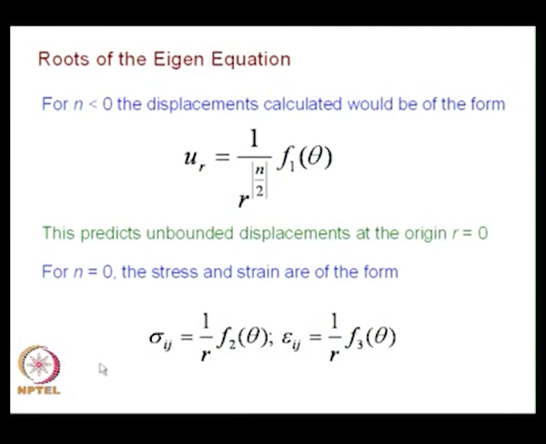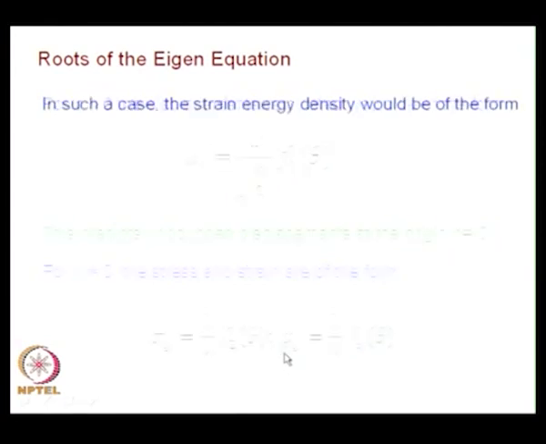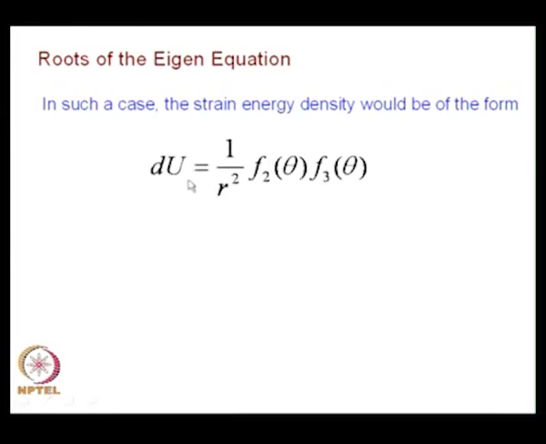Once I know sigma as well as strain, I can find out the strain energy density. And if I look at the strain energy density, it would be of the form dU equal to 1 by r squared f2 theta f3 theta.